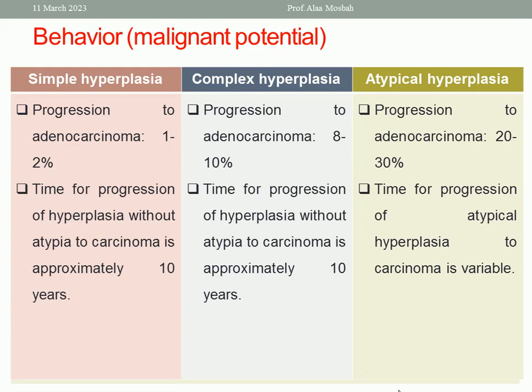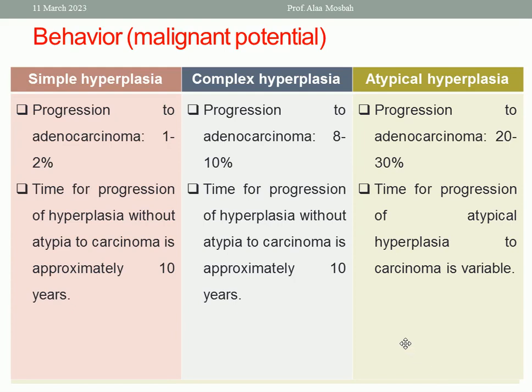What about atypical hyperplasia, which is risky and dangerous, and yes, it is precancerous? Progression to adenocarcinoma is up to 30%, from 20 to 30%. It's very important to know about it. The time for progression of atypical hyperplasia to carcinoma is variable.